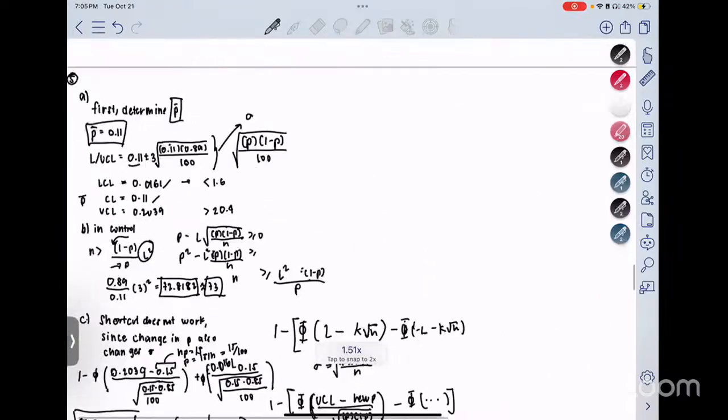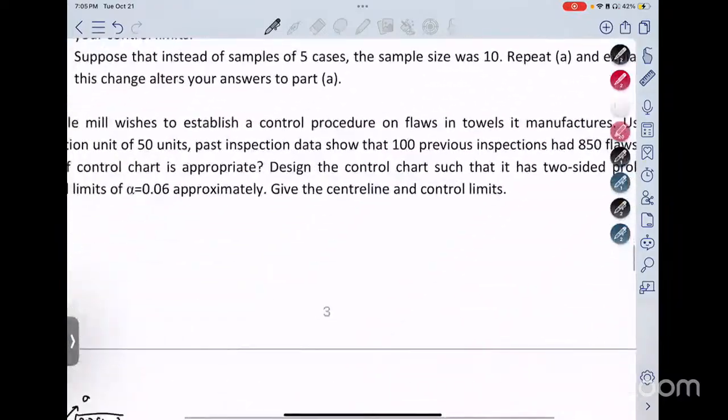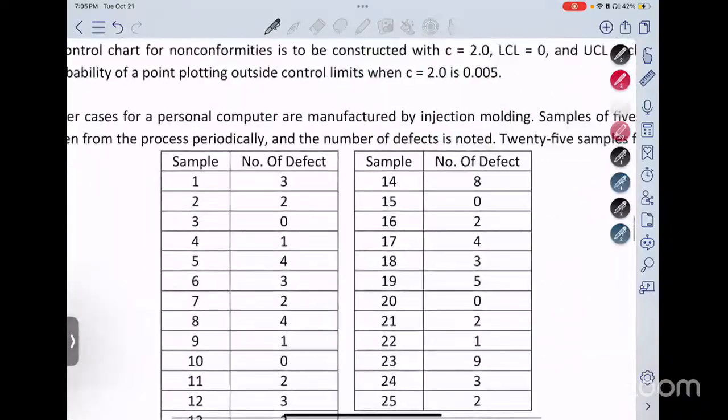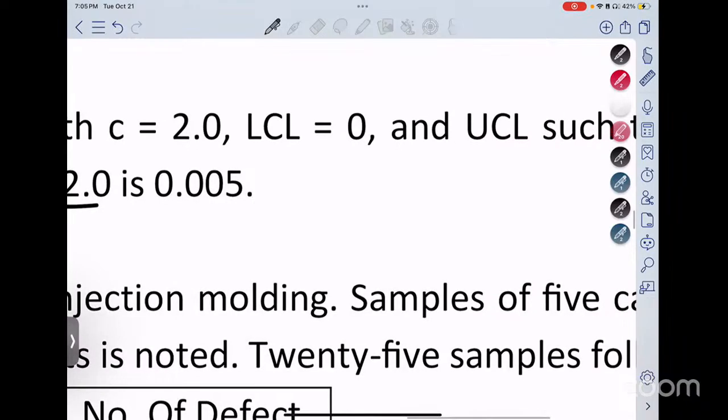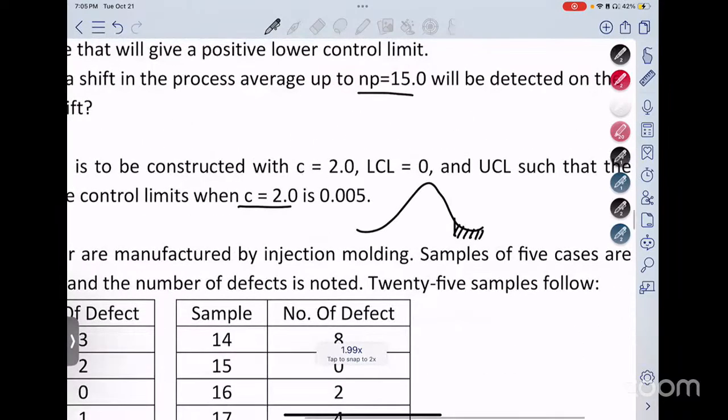Why is this the case? Because we want to find a UCL when c is equal to 2.0. LCL is 0, UCL this is 0.005.